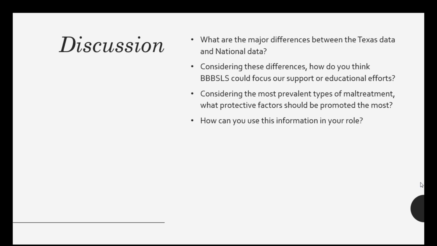We go into a lot of detail on the outcomes for kids that are abused and neglected, and a lot more detail on resiliency and how to prevent it.